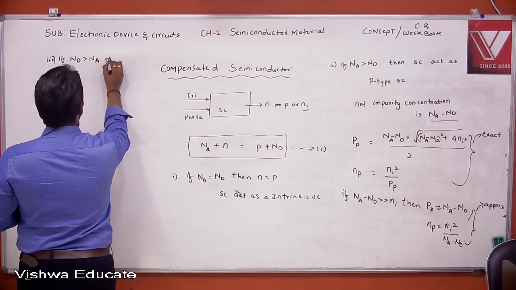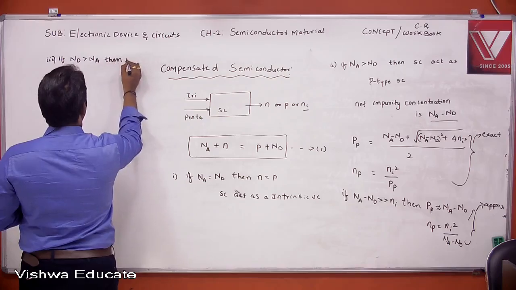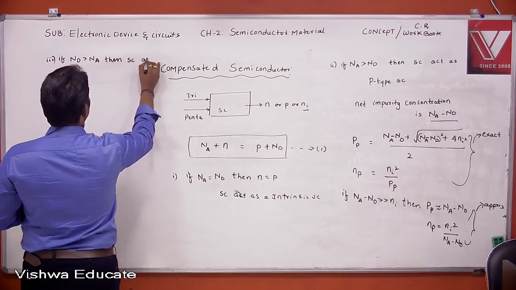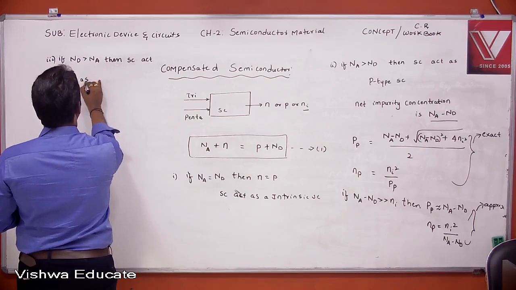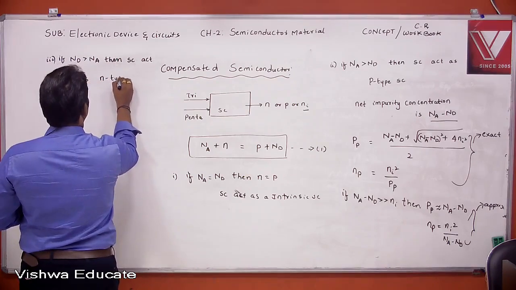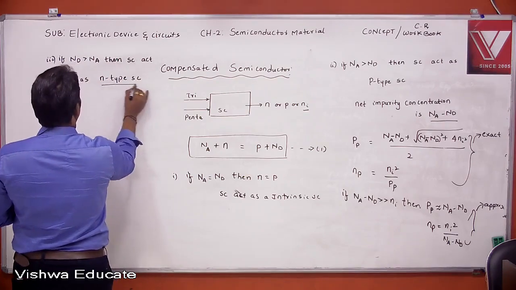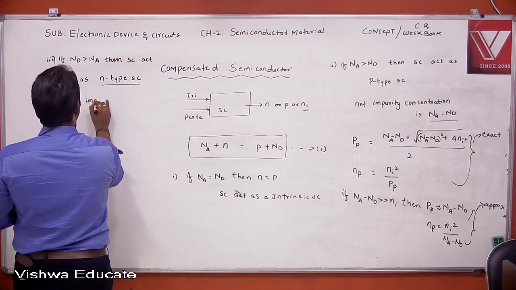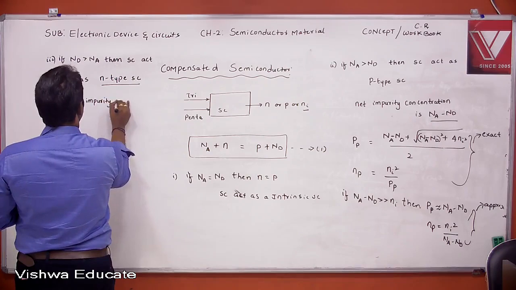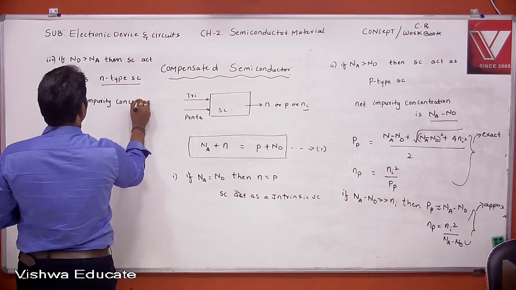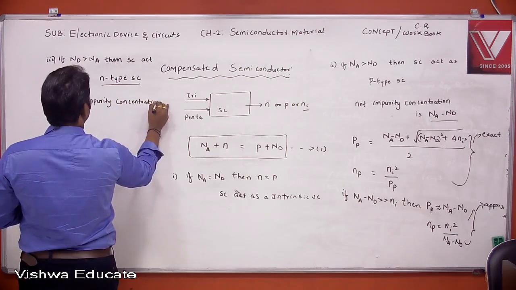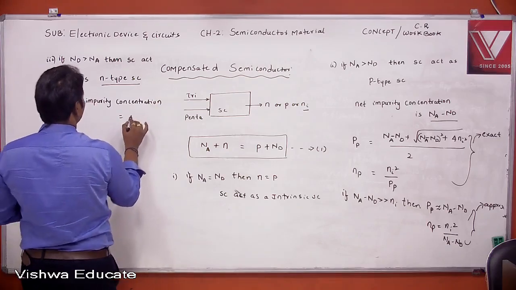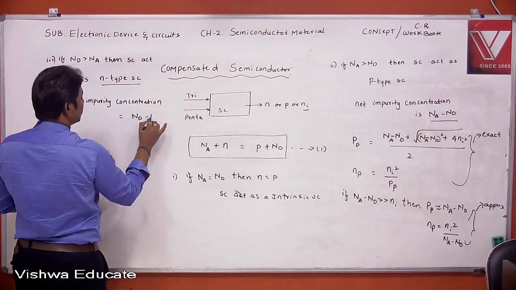See, if Nd is greater than Na, then what is the semiconductor actually? The semiconductor acts as a N-type semiconductor, right? And what will be the net impurity concentration actually? Net impurity concentration in case of compensated N-type, that is Nd minus Na.